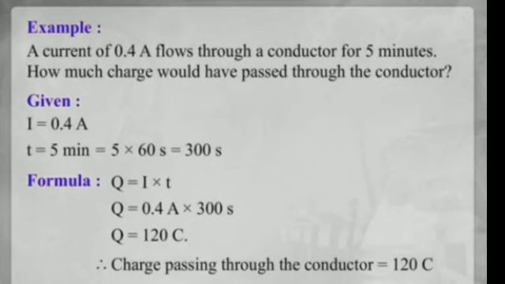So 5 times 60 means 300 seconds. Our formula is I is equal to Q upon t. Rearranging this formula, Q is equal to I times t, that is 0.4 ampere times 300 seconds. Now the answer will be 120 coulombs. Therefore, the charge passing through the conductor is equal to 120 coulombs.